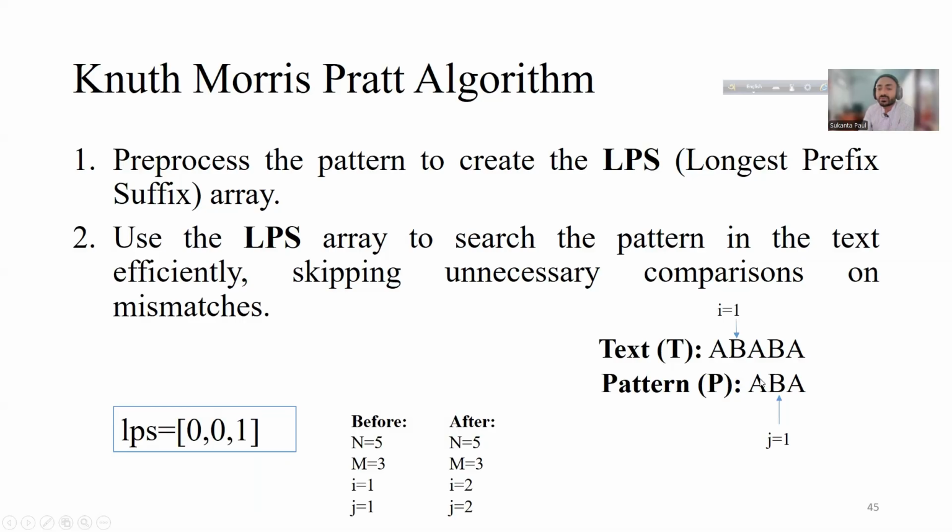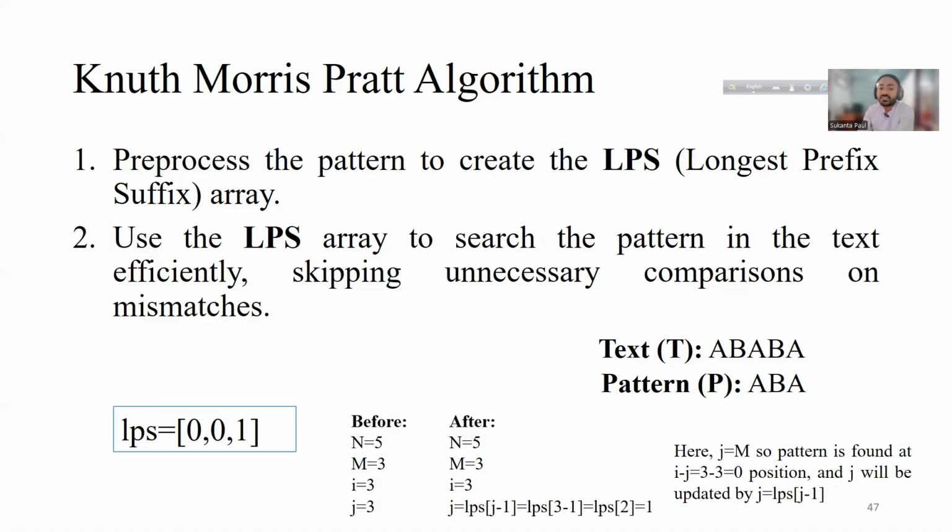If there is a match, go to the next position of T and P, so i and j become 2. Now there is also a match between Ti and Pj, so we increase i and j. The value of i is 3 and the value of j is 3.